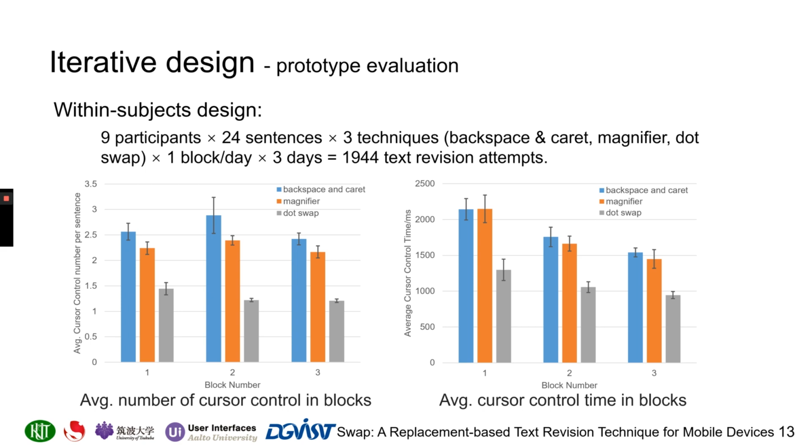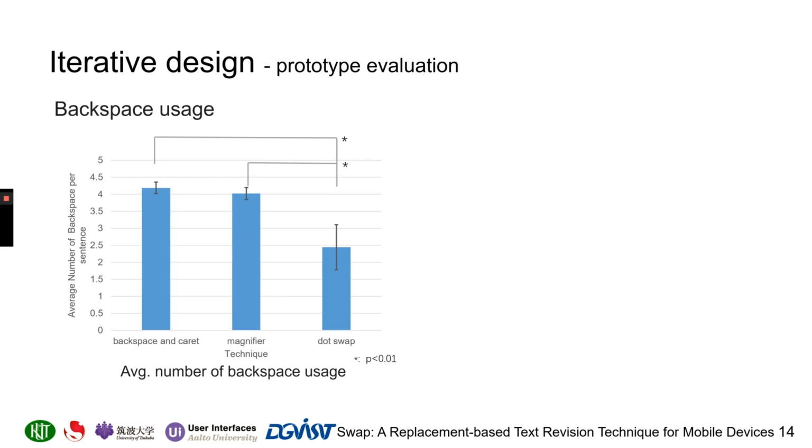Results show that Dot Swap used significantly less cursor control and less time during the revision process than the other two techniques. The magnifier could reduce the number of cursor controls, but it did not show better time saving compared with the conventional backspace and cursor control. Our prototype also used significantly fewer backspaces than the other two techniques.